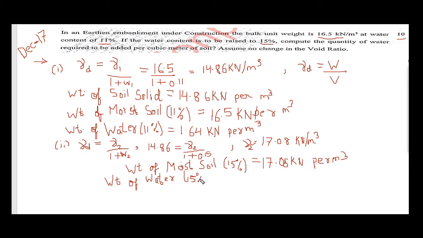We just have to subtract the moist soil weight minus the soil solid, 17.08 minus 14.86. The answer will be 2.22 kilonewton per meter cube.